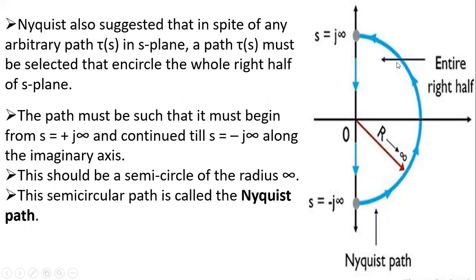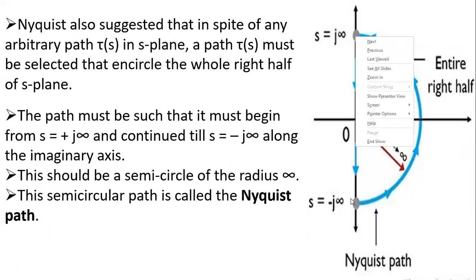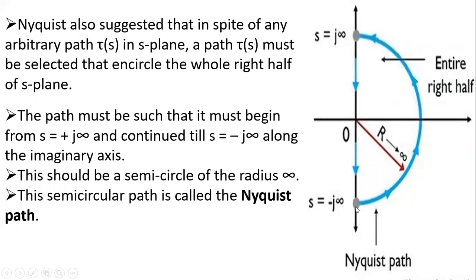So we have to see to what extent the whole right half of the S-plane is taken as r tends to infinity, where r is the radius of the right half of the S-plane, the entire thing. So the path must be such that it must begin from s equal to j infinity and continue till s equal to minus j infinity, and then come back to s equal to plus j infinity.